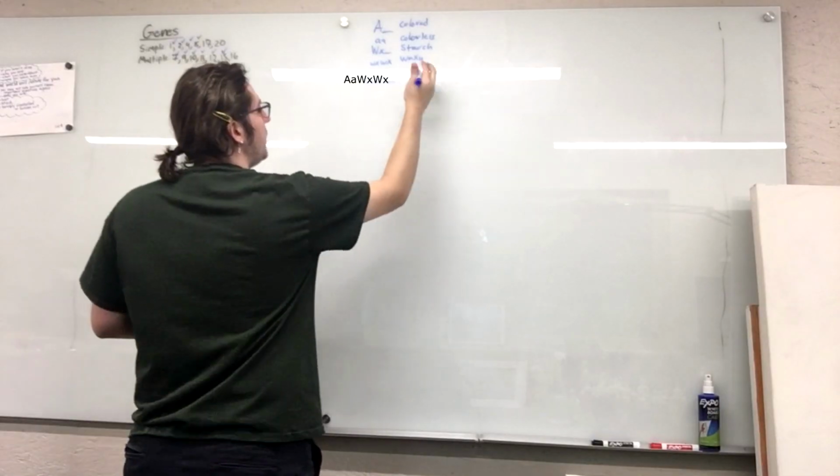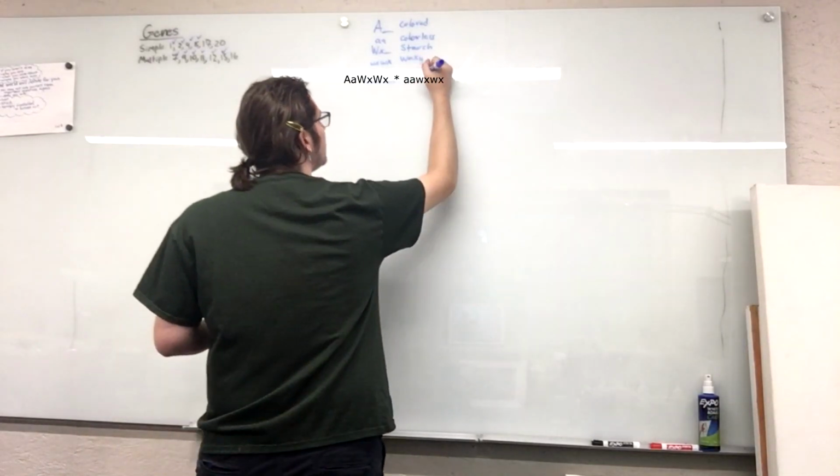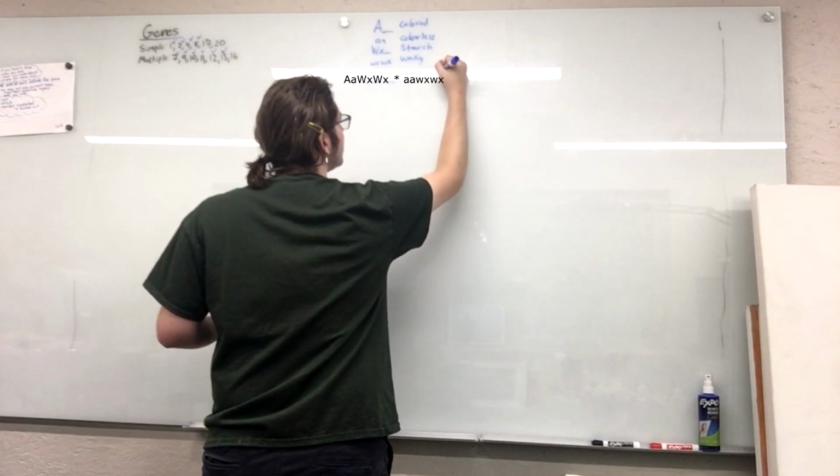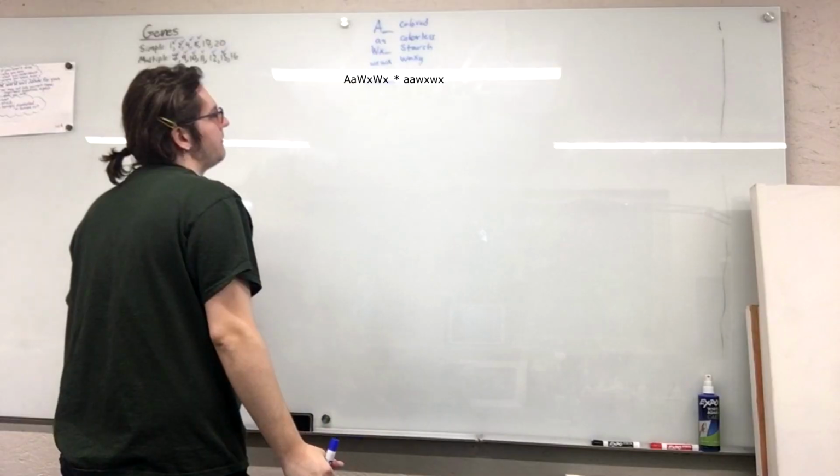Okay, so we are test crossing it, which means that we are taking this and crossing it with a homozygous recessive individual, and we are asked for phenotypic ratios.